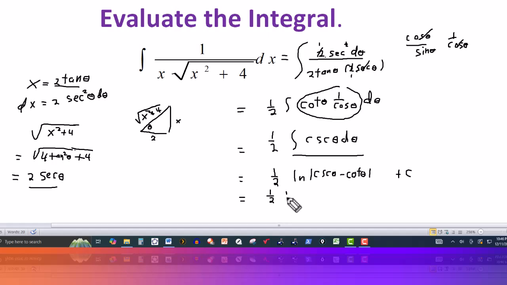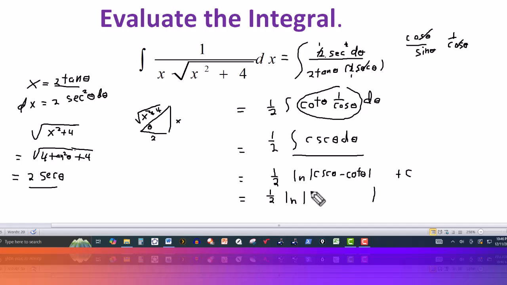So this will be natural log of cosecant of theta. So let's look at the triangle here. Cosecant is just the reciprocal of sine. Sine is the opposite over the hypotenuse. Cosecant is hypotenuse over the opposite side.